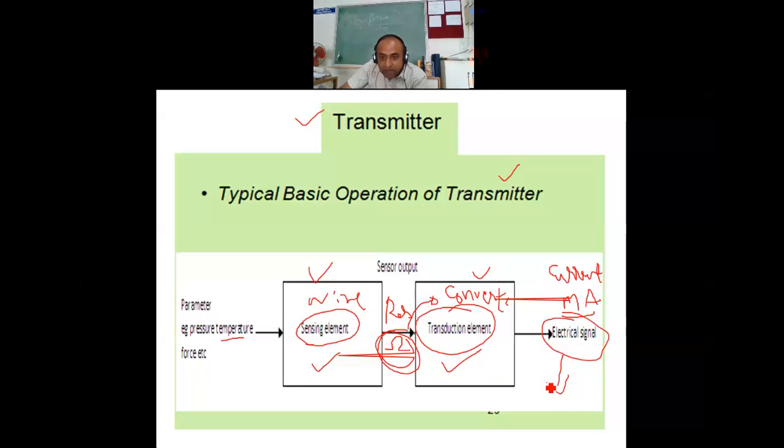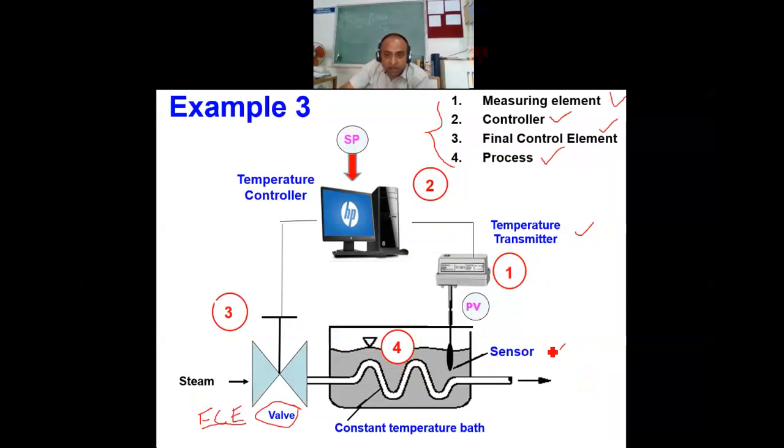Electrical signals can be used to convey. I cannot use resistance to convey. Current can be moved from one point to another point. Voltage can be moved from one point to another point. So this is the use of a transmitter. A transmitter always has a sensor and some transduction together. Both together we call the measuring element.